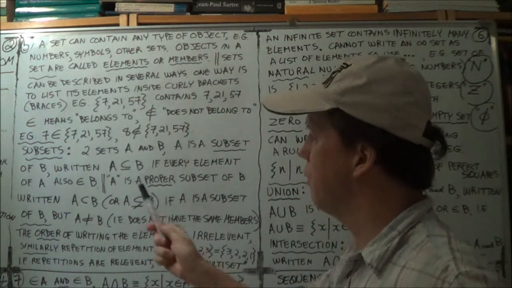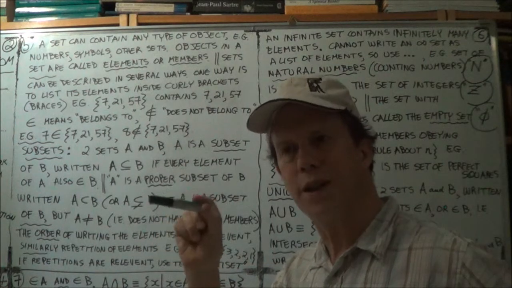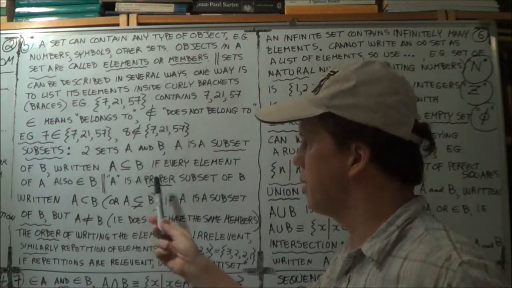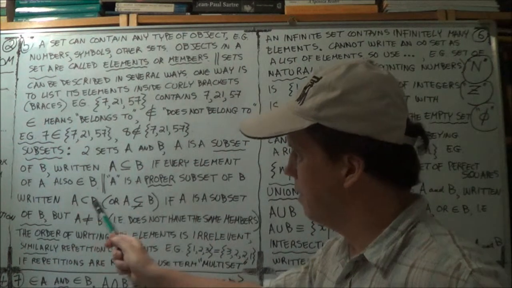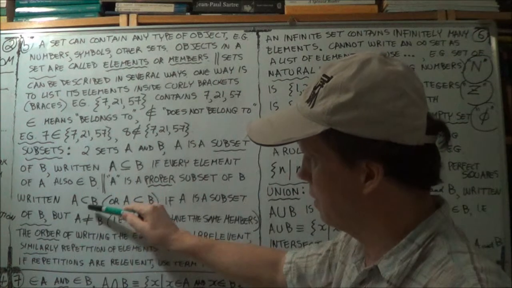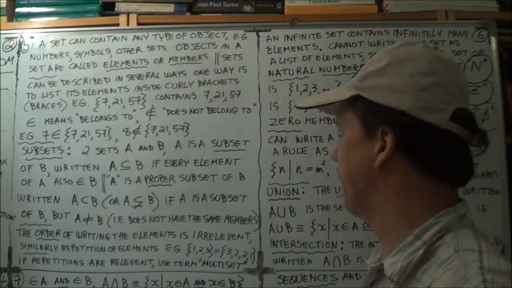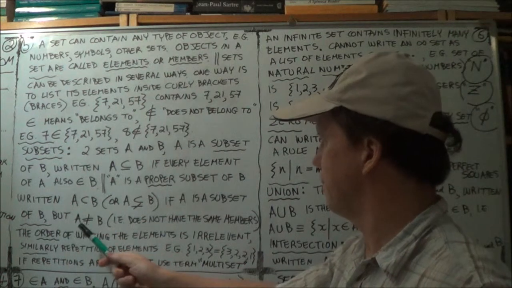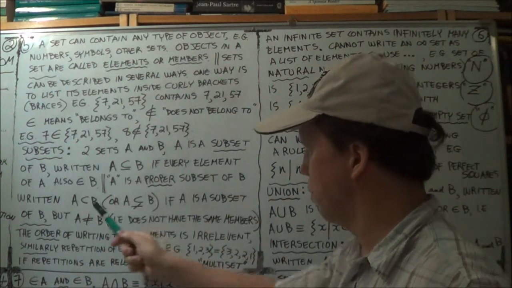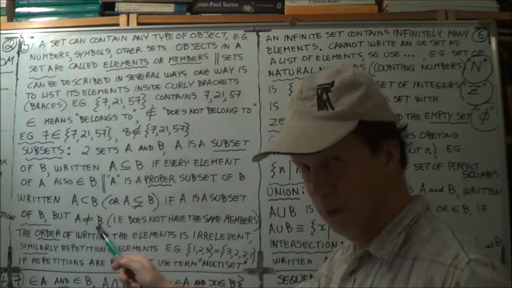Right? So if you want to say that A's size, the number of elements it has, is less than B, in other words, a proper subset, then you write it this way, without the underlying bar here. Right? Just the C. So a proper subset is defined as A is a subset of B, but A is not equal to B. Right?